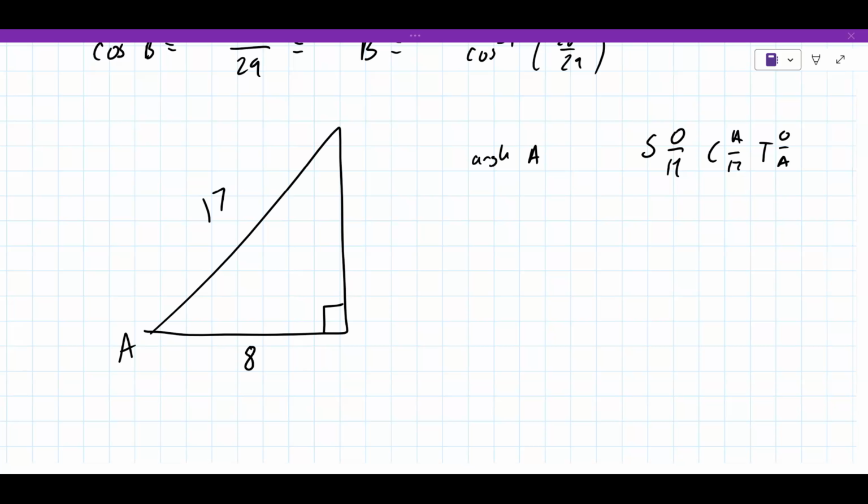You said 18.7 or 8, something like that. It is not. We're quite a bit off there. Did you use sine, cosine, or tangent?